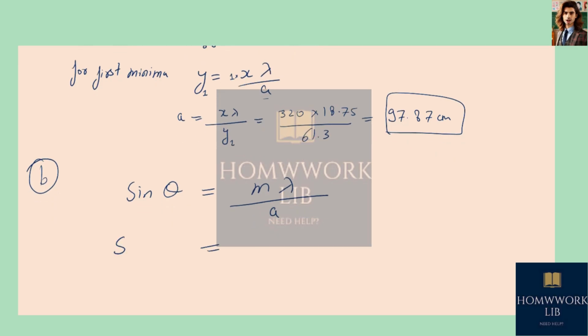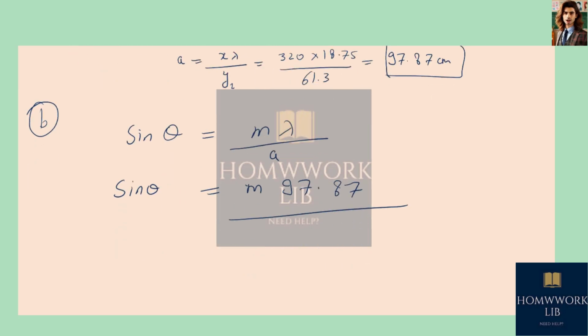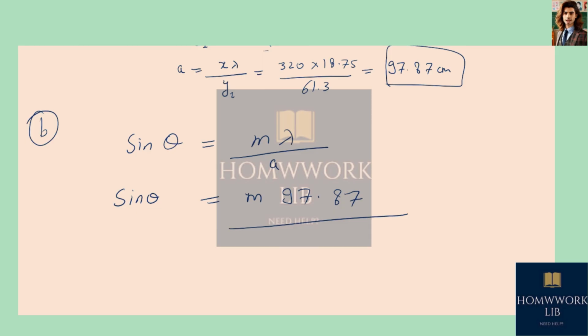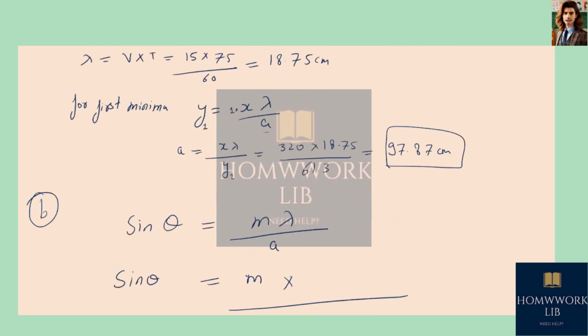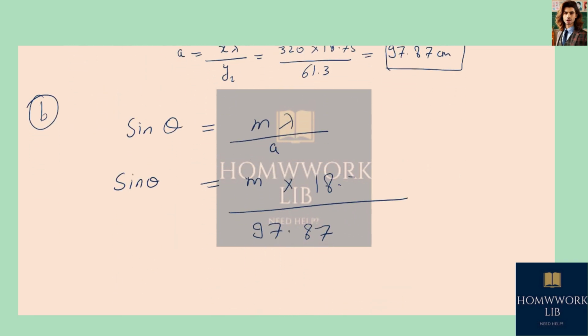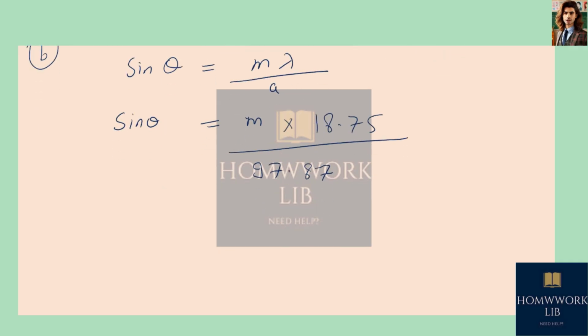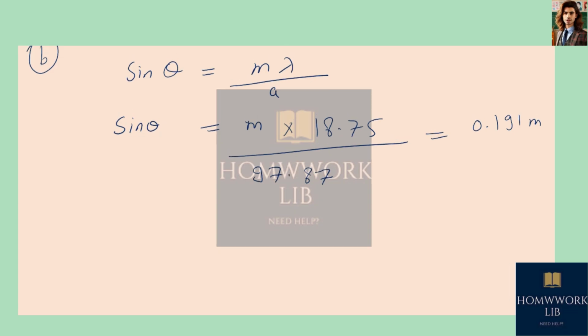Plugging in, lambda is 18.75 and a is 97.87, so this becomes 0.191 m. Let's make it general, sine theta m.